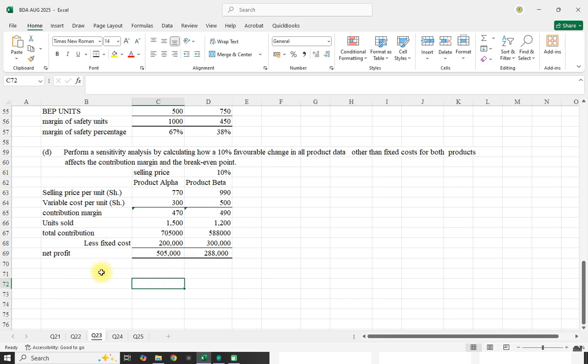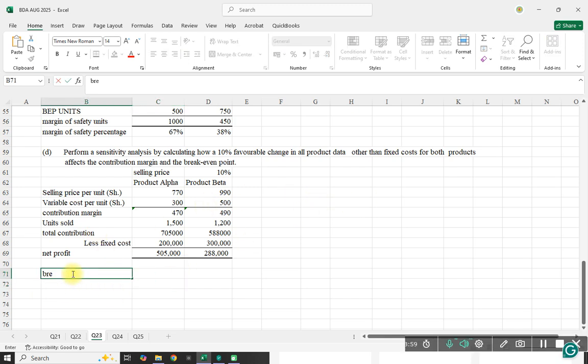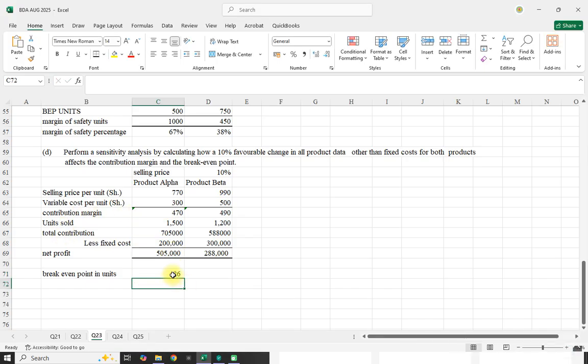So when you look at our BEP under this one, the break-even point, I will go with units because the marks are just 6 marks. Break-even point in units. This will be the fixed cost that we have, divided by the new contribution margin.